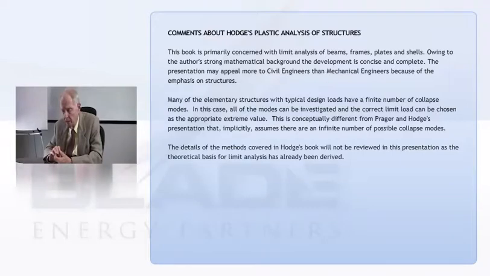So in that sense, it's conceptually different from Prager and Hodge, but it's exactly the same theory. So I don't want to say any more about it than that, but if you're interested in these sort of things, Hodge's book could certainly be recommended as a very good, and for that time, very comprehensive coverage.